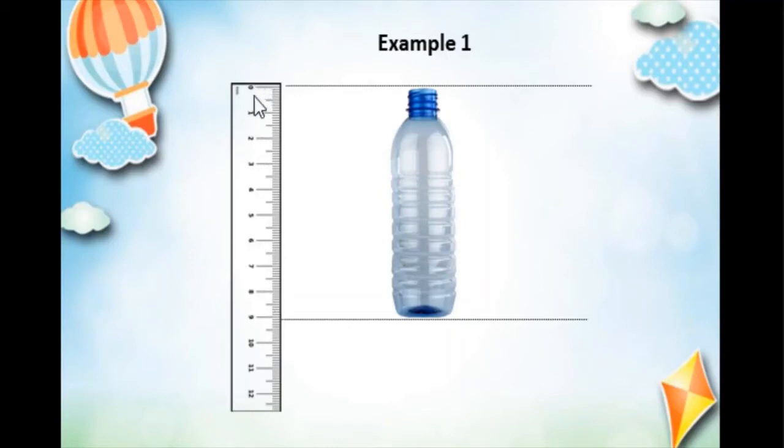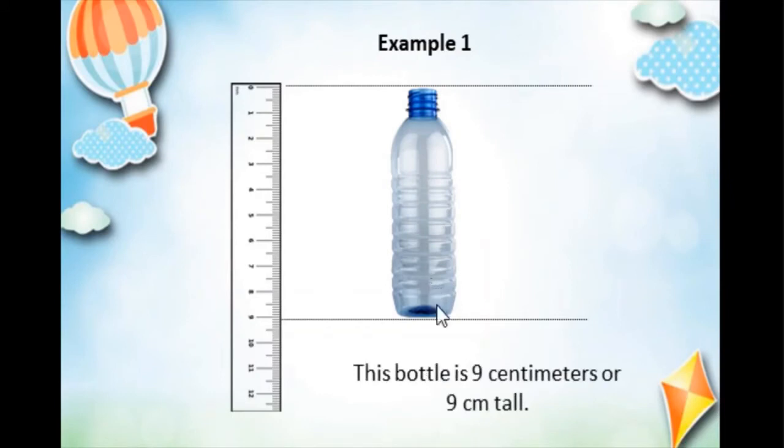Start. 0, 1, 2, 3, 4, 5, 6, 7, 8, 9. We stopped with the 9th number. That means this water bottle is 9 centimeters or 9 cm tall. Again, this bottle is 9 centimeters or 9 cm tall.